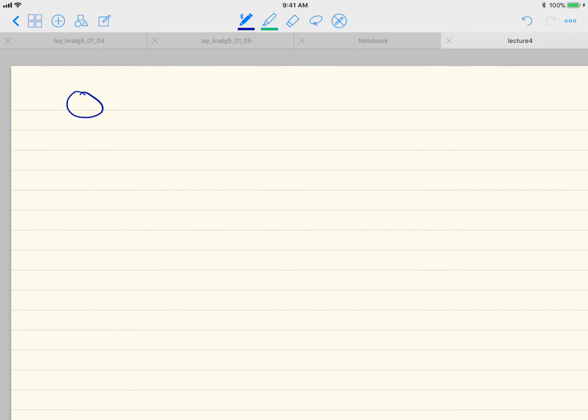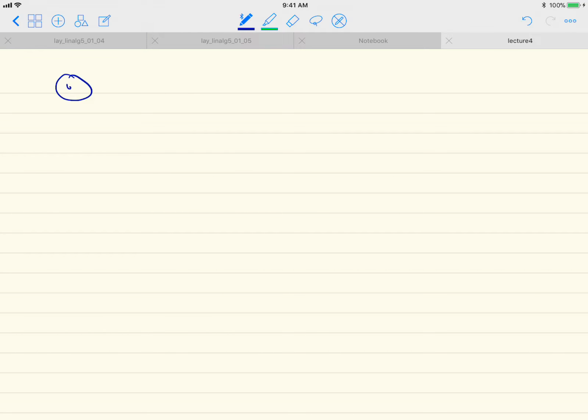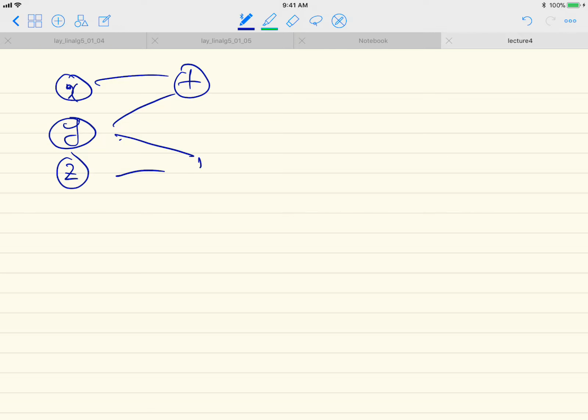Let's do a simple exercise. We have x, y and z, and then add, maximize, and multiply.